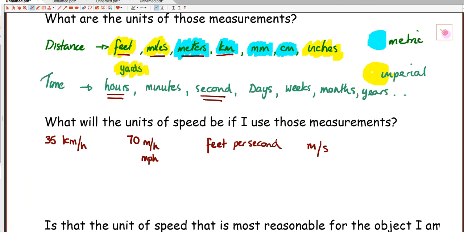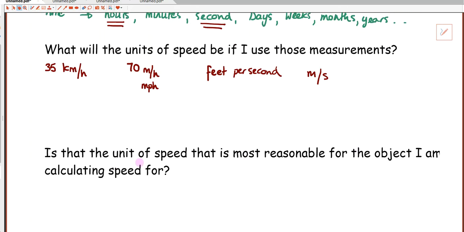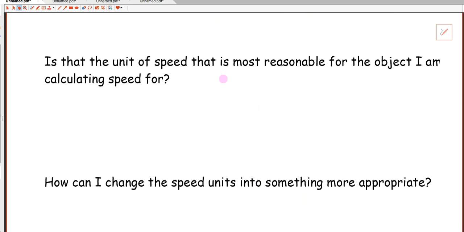Okay, next question then, because I don't want to go on too long. What unit of speed is the most reasonable for the object I am calculating the speed for? So let me ask you, if you are measuring the speed of a car, what would you put the units as?